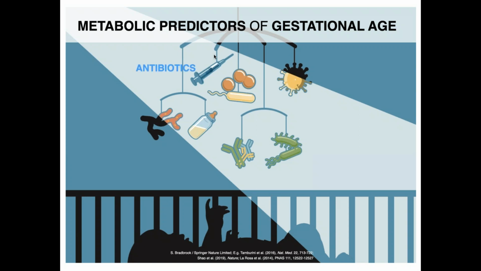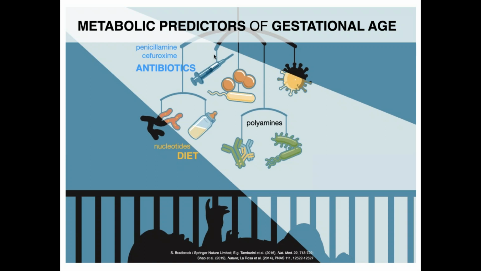So basically, we found that many metabolites that were correlated with gestational age were related to treatment, such as antibiotics. Then we saw some metabolites that are eventually related to the diet, such as nucleotides. So many prematurely born children are fed parenterally.